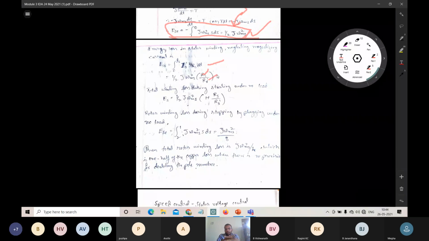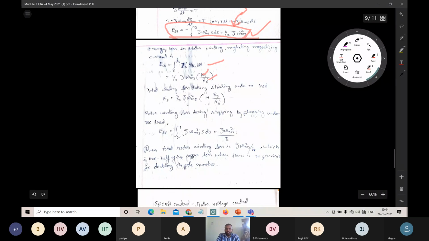So total winding losses. If you want to consider the losses in a motor, you have to consider the losses at each part. By combining the stator loss as well as the rotor loss, the total loss at the time of starting will be given by half J omega ms square, just adding this equation and this equation: half J omega ms square plus half J omega ms square RS by RR dash.